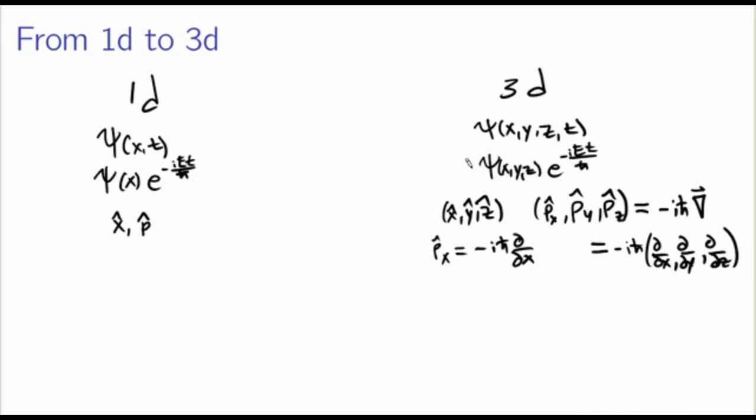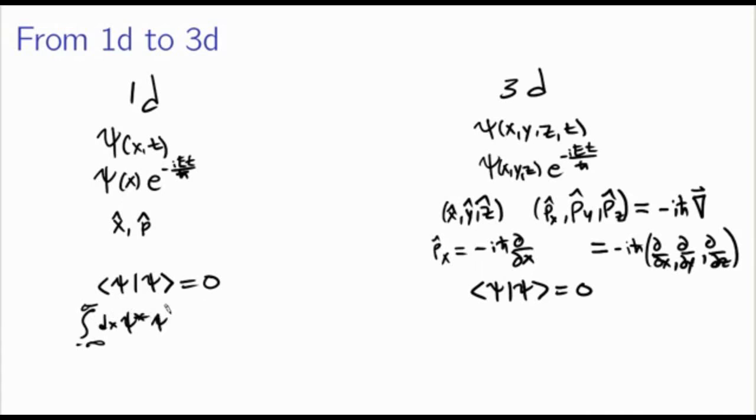We also have counterparts for the sorts of expressions we got working with something like the normalization of the wave function, the inner product of the wave function with itself in 1 dimension, or the inner product of the wave function with itself in 3 dimensions. Whereas in 1 dimension, we had an integral from minus infinity to infinity dx of psi star psi for our inner product.